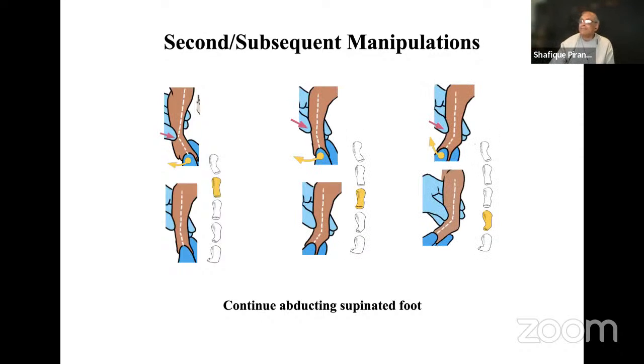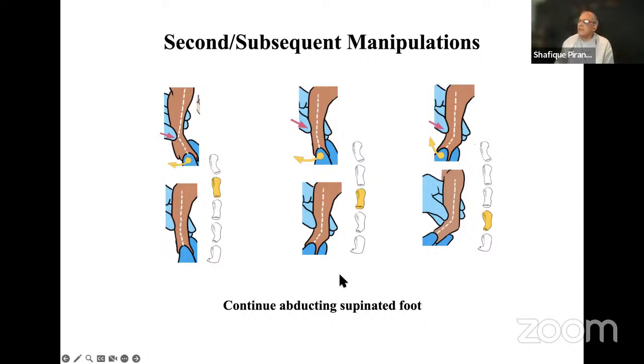This technique of manipulating and casting is exactly the same. The only difference is that the position of the foot changes with sequential casting. That's how you move from cast 2 to cast 3 to cast 4. The position of the hands and the technique is the same.